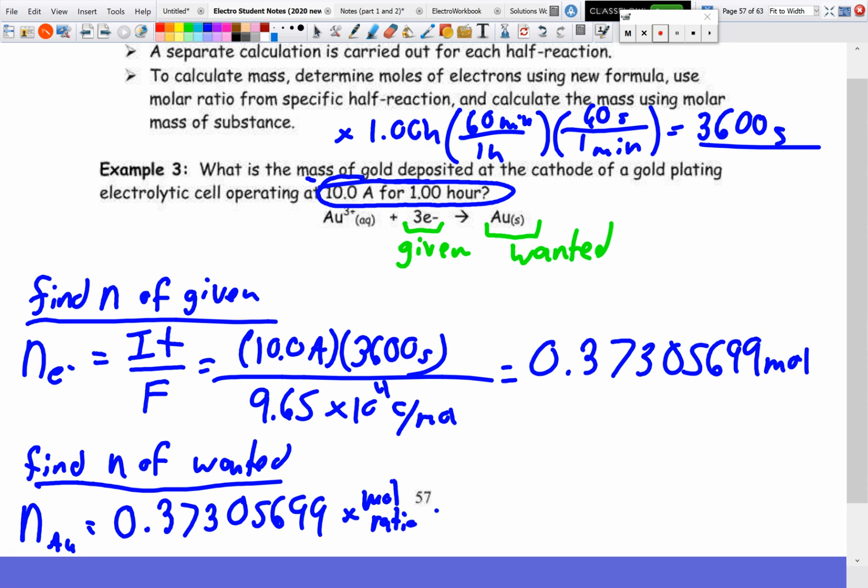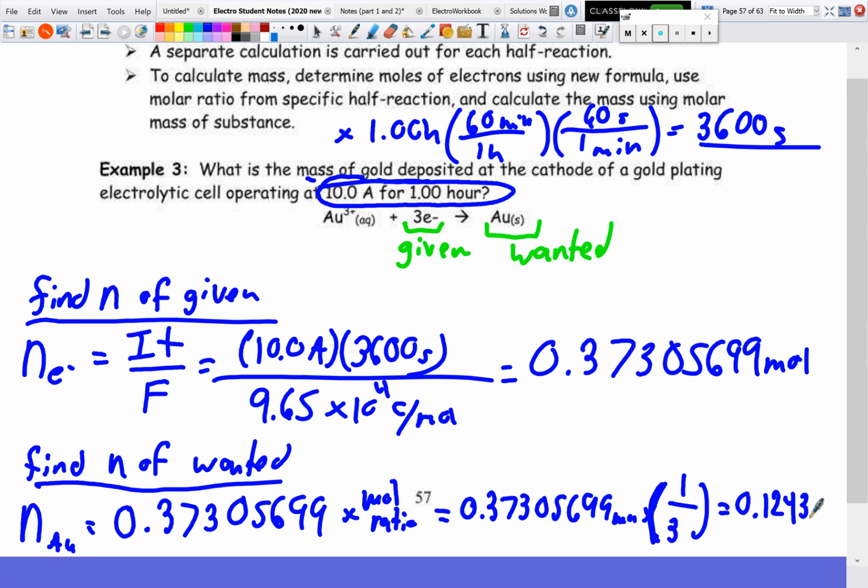Remember, the mole ratio is wanted over given. Our wanted is gold, that's 1, over given 3, 3 being the electrons. I just ran out of room there, so I couldn't finish that one off.